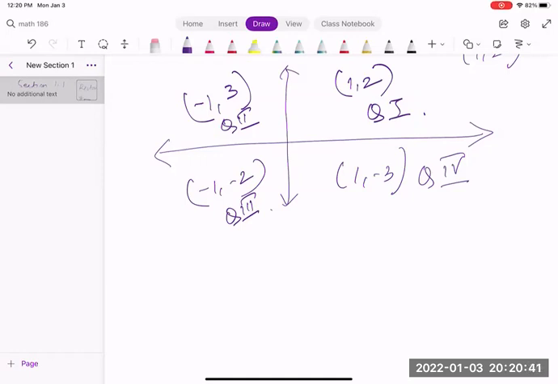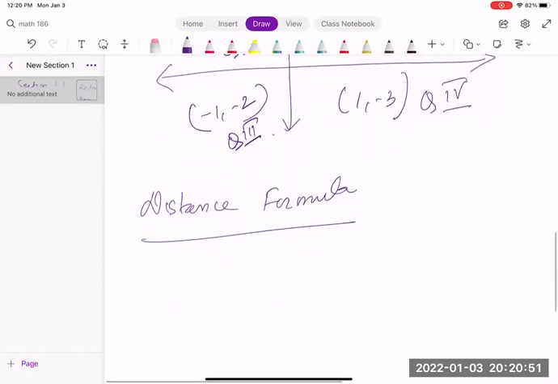The next one is something you have seen before, the distance formula. The distance formula says that this is your hypotenuse. I'm going to name these A, B, and C. This is your A, this is your B, this is your C, and this is your right triangle.